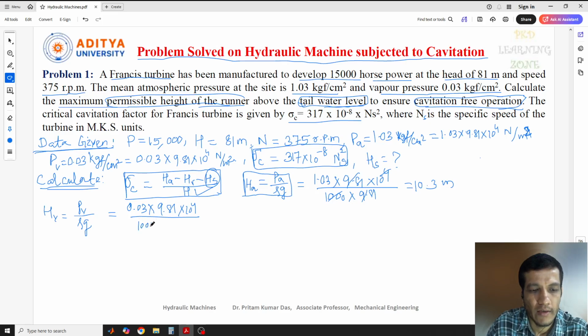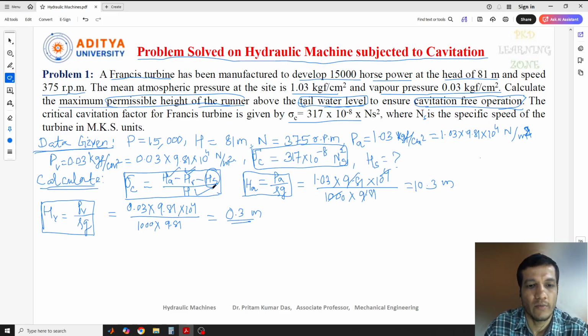Rho g is again the same thing, 1000 into 9.81. So here also I'll get 0.3 meter. So these two values we have identified from the pressure values.